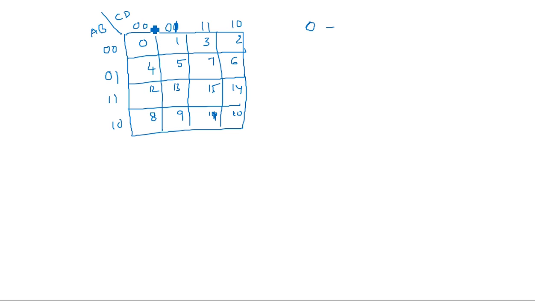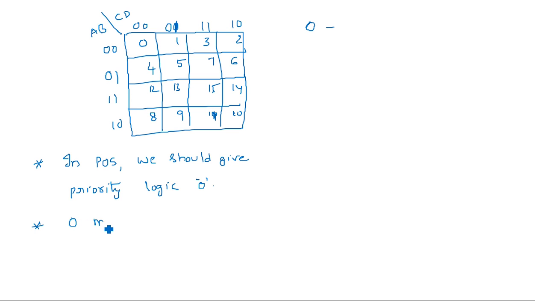All 4 are zeros. You have to remember one thing, that in POS, in product of sums, we should give priority to logic 0. That means whose value is 0 will be taken as true form.